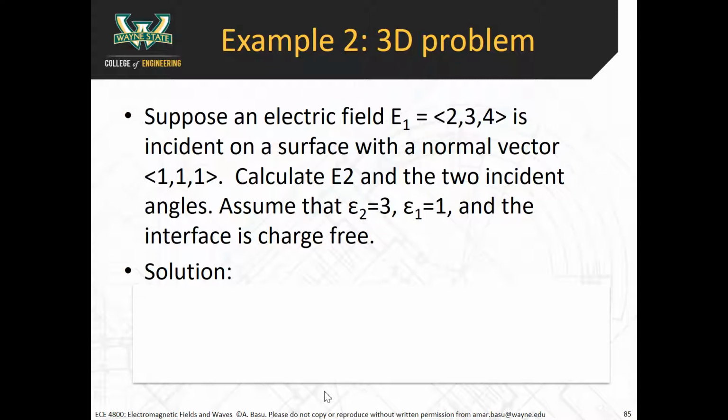Remember from the definition, dot products can be used to find the angle between two vectors. So we want to find the angle between E1 and n. If you solve this, alpha 1 is equal to the inverse cosine of E1 dot n divided by the magnitude of E times the magnitude of n.